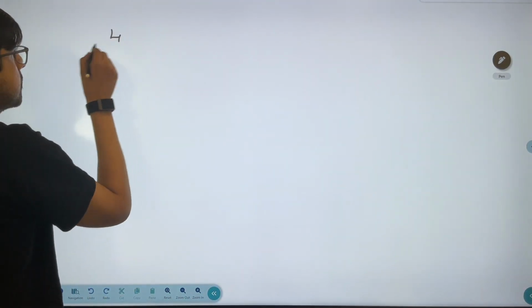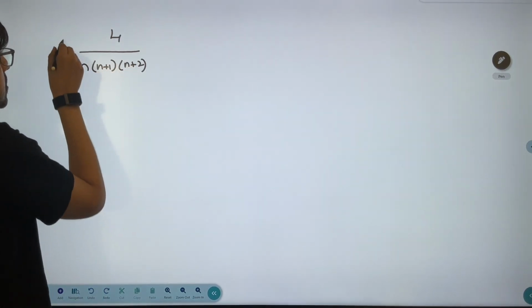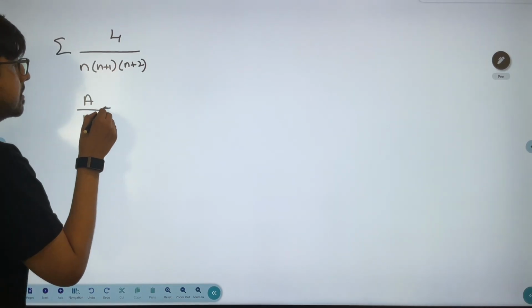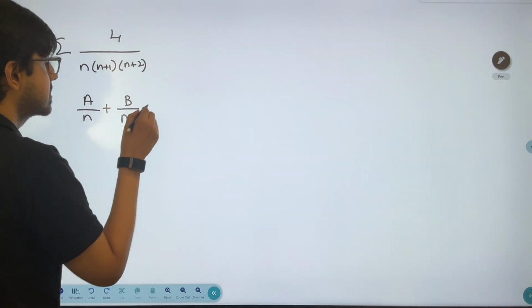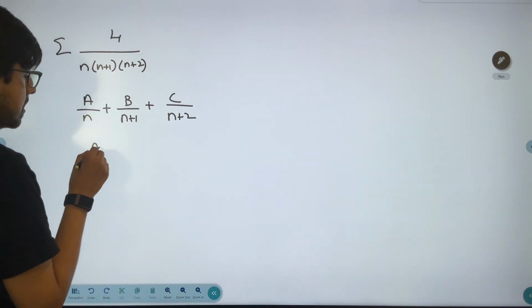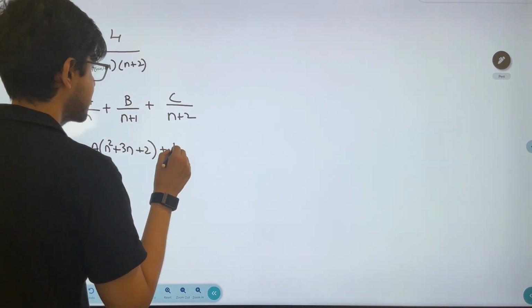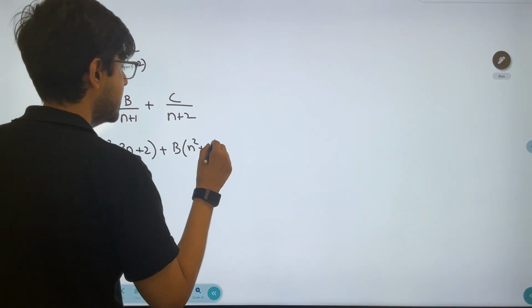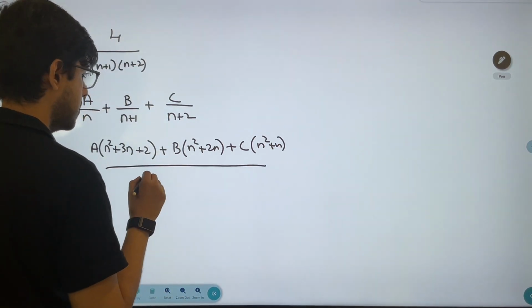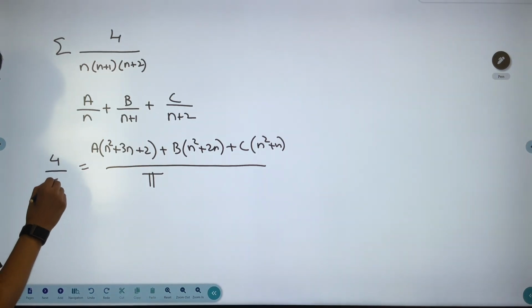We have 4 by n plus 1, n plus 2 summation. So I can write this as a by n plus b by n plus 1 plus c by n plus 2, which is going to give you a into n square plus 3n plus 2, plus b into n square plus 2n, plus c into n square plus n, by the product of these three, is equal to 4 by the product.